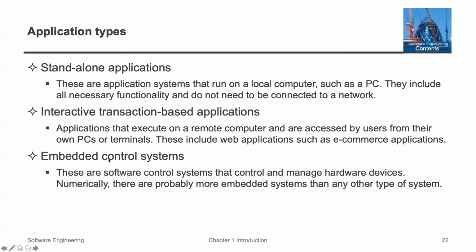And finally, the embedded control systems. The Internet of Things is starting to become very popular. So these are software control systems that control and manage hardware devices. Numerically, there are probably more embedded systems than any other type of system. And so that may be something to be thinking about. A lot of things are getting smart, if you will, with their own type of embedded computing capabilities and control systems.